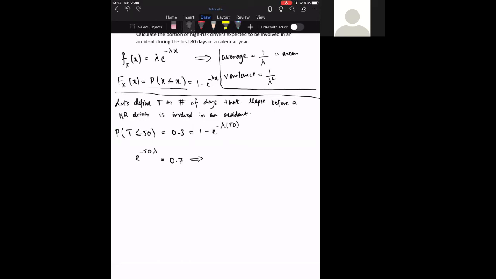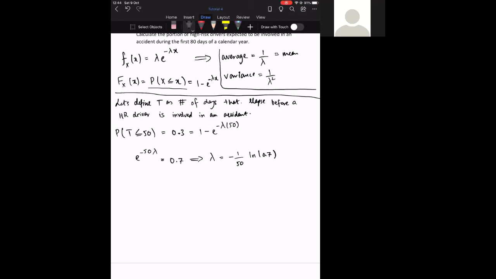This implies lambda: we take log on both sides and divide by negative 50. We get the following expression, minus 1 over 50 times ln of 0.7.